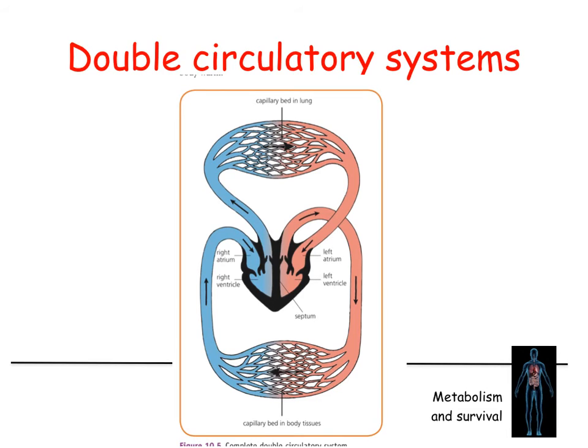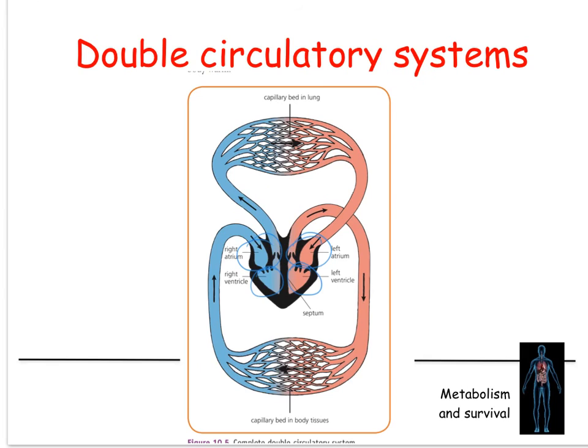And you should be familiar with a mammal heart because we had a look at the heart last year at National 5. But you've got the right and the left atrium, and then you've got the right and the left ventricle, and you've got this complete separation of the left and the right side of the heart by this area here called the septum.